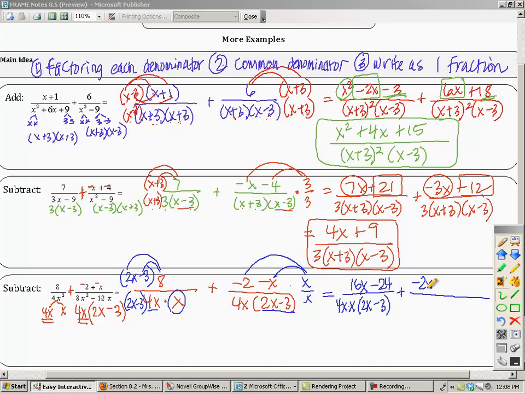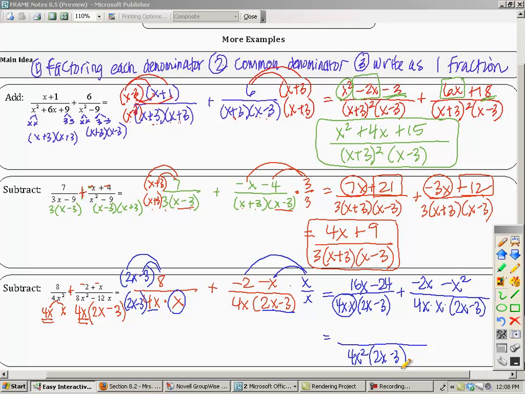So negative 2x, and negative x and x is negative x squared. All over, I have a 4x and an x and a 2x minus 3. Now, 4x and x, let's rewrite this as 4x squared times 2x minus 3. We just broke it apart so we could see what we were missing.